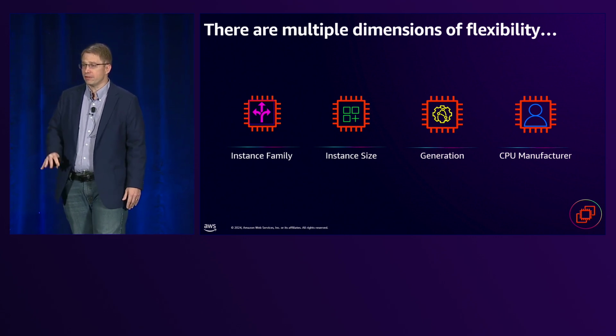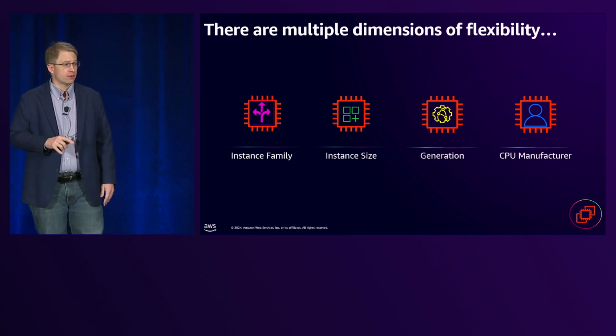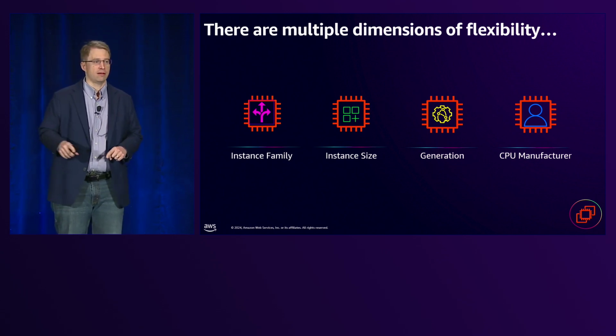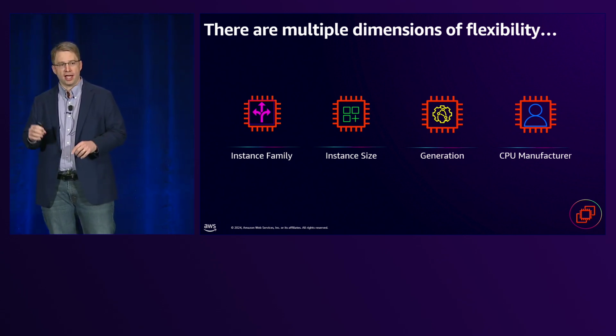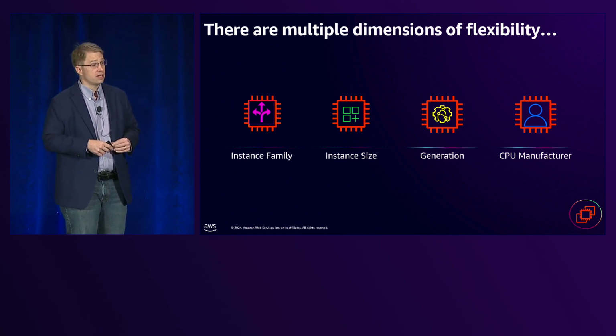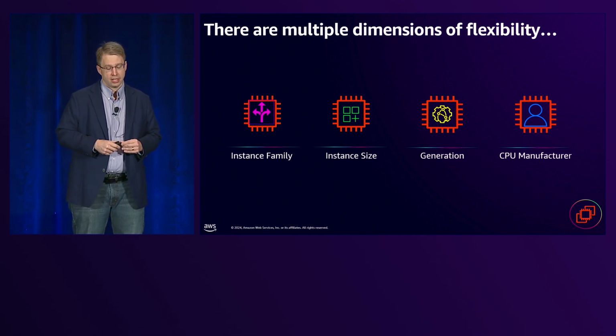Now, there's 4 different dimensions that we typically talk about when we're thinking about flexibility. The first is really about instance family. And so this is your C's and your M's and your R's that have different properties with them, but sometimes they're close enough that you may be able to substitute one for the other. Another is instance size, and so sometimes you may be able to scale up your workloads.